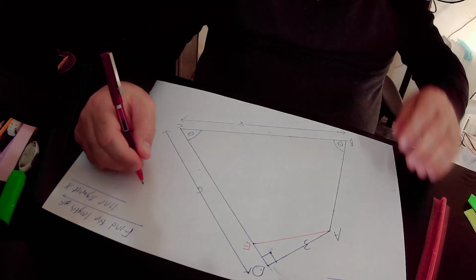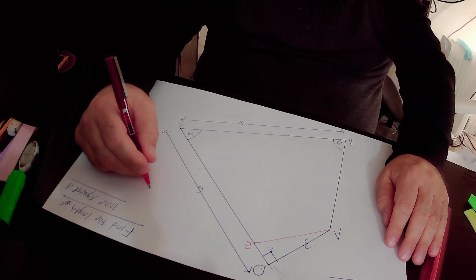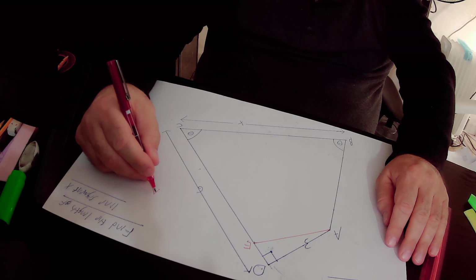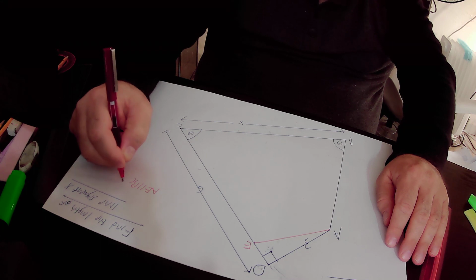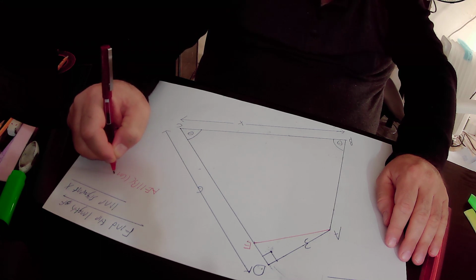So I write it down: AE is parallel to BC according to our construction.